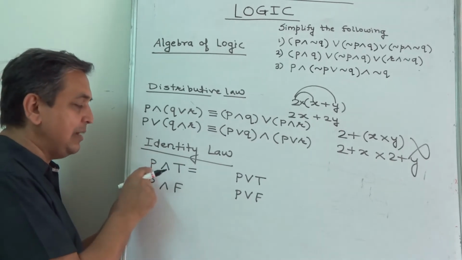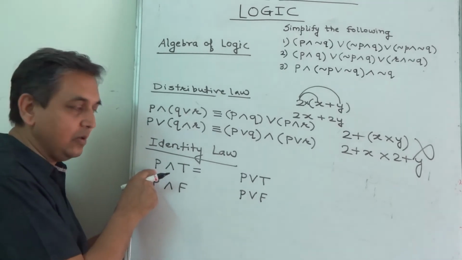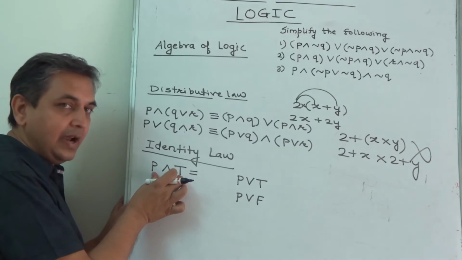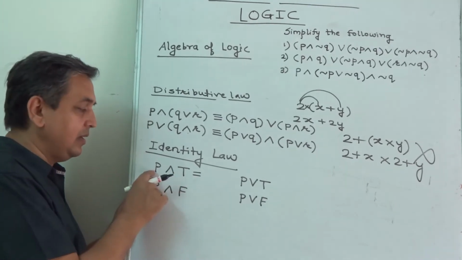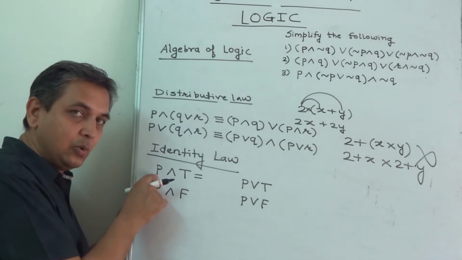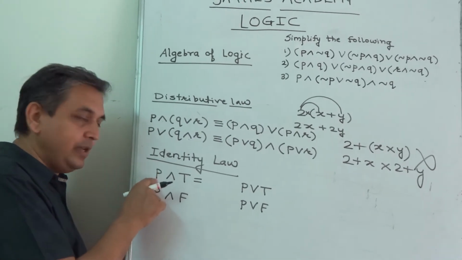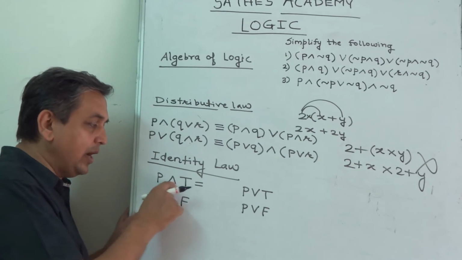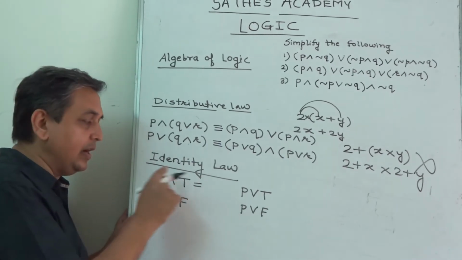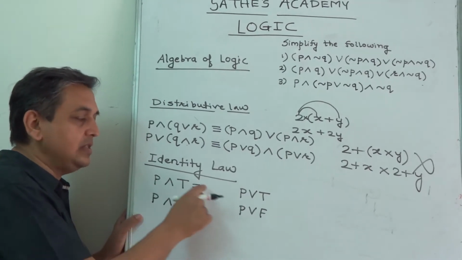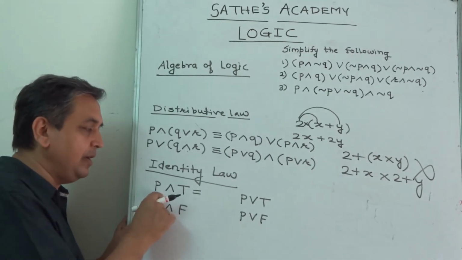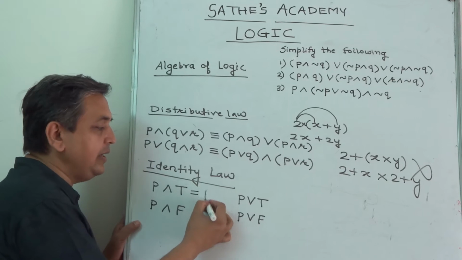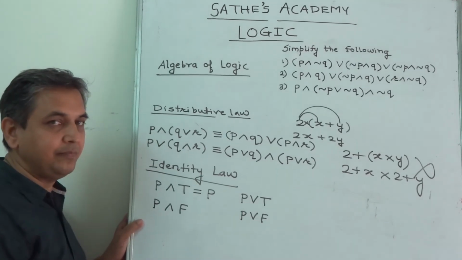So result is same as P. Got it? P and T. One statement is given, it is true. Now P can be either true or false. If P is true, then true and true will give true, and if P is false, the result will be false. So result is same as that of the statement P. So result of P and T is same as P.